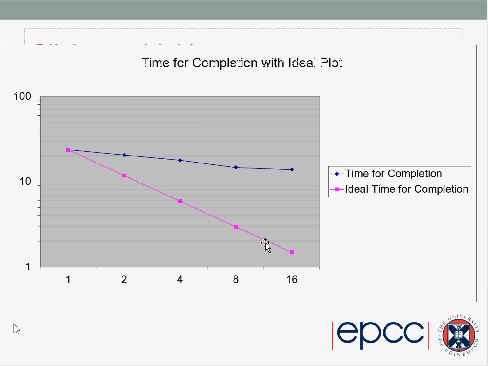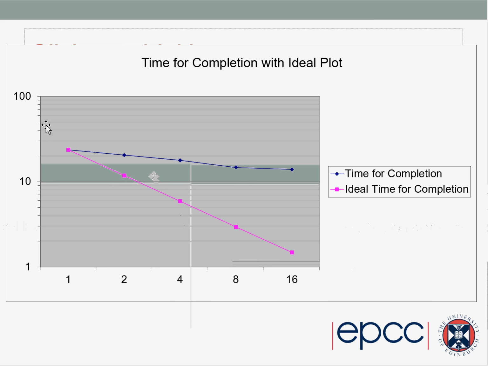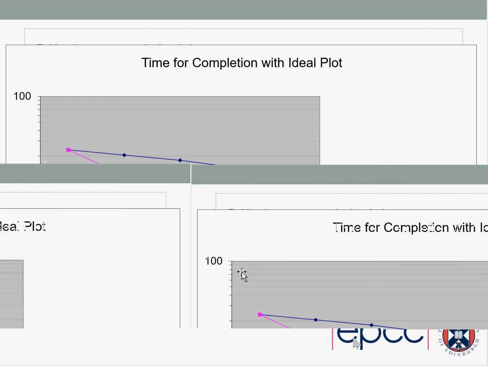So now my ideal speed up has become linear. I can see my linear speed up down here, and I can also see my speed up of my actual result here, and I can see there's a big gap between them. So again, the same data being used here, it's not changed, but it may be easier for some people to understand that this linear line here is the ideal speed up in a log plot, and this is my actual line.